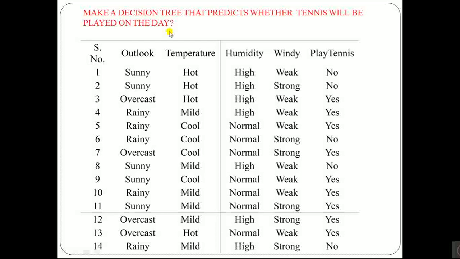Let us say you go out and check if it is hot or cold, and check the speed of the wind and humidity and how the weather is, that is, sunny, cloudy or rainy. So you can take all the factors into account to decide if you want to play or not.